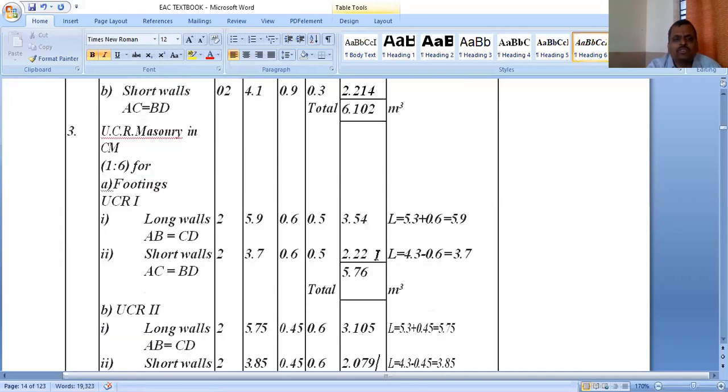After that, we will see the UCR step 1 and UCR step 2. Here again, first of all, you have to calculate the length of the long wall and the length of the short wall.